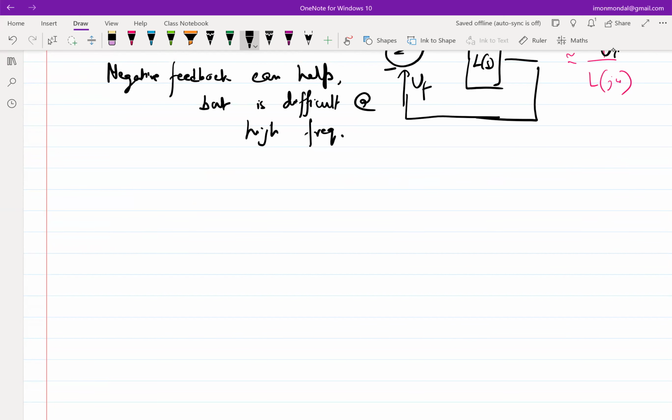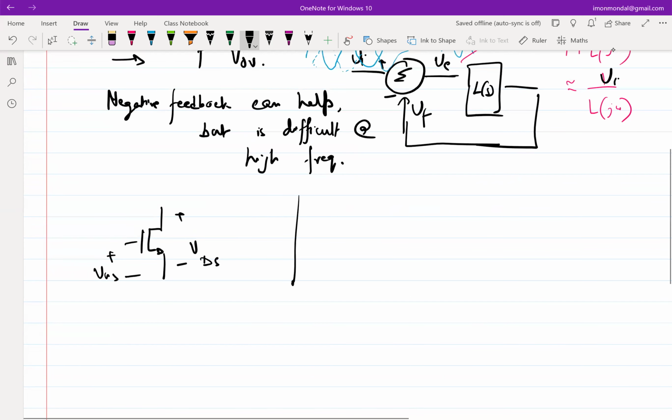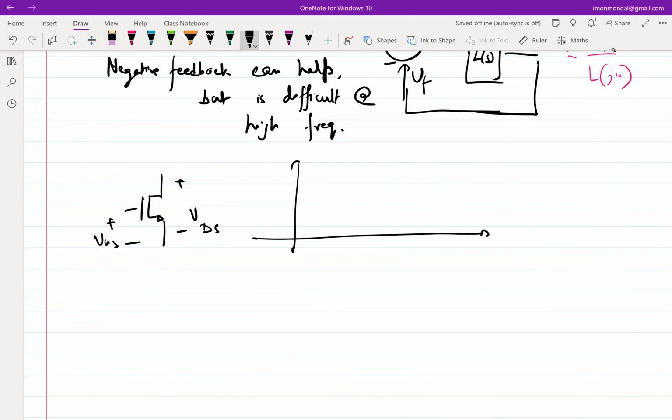Okay, fine. So let's see what are the other ways of mitigating distortion. We know that if I have a common source amplifier or a simple transistor biased with some voltages, and I plot IDS versus VGS for a fixed VDS, I'm going to get a plot which looks like this, right? Around VTH it is zero, and then it increases.